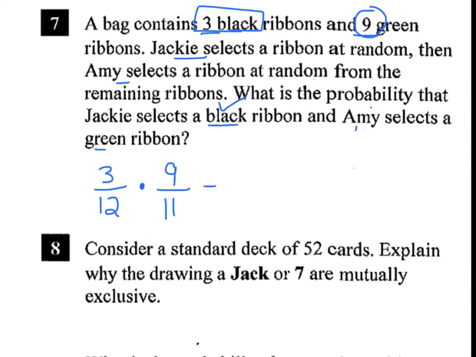So we put a 9 on top, and then we multiply. So 3 times 9 is 27. 12 times 11 is 132. And when you divide those, 27 divided by 132, you get 0.2. And if you move the decimal 2 places here, that's 20%.